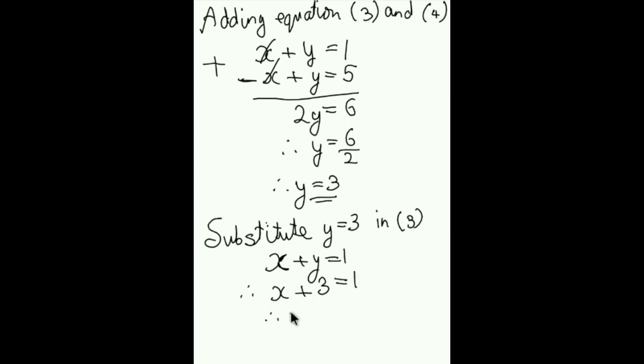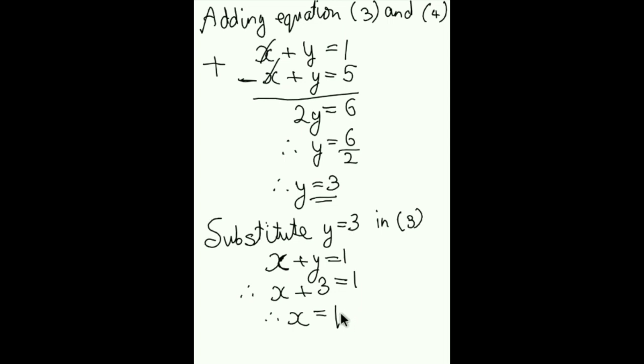Therefore x, now this plus 3 on the left-hand side we will take to the right-hand side. That means it will become minus 3. So x equals 1 minus 3. 1 remains as it is, and when plus 3 comes to this side, it becomes minus 3.